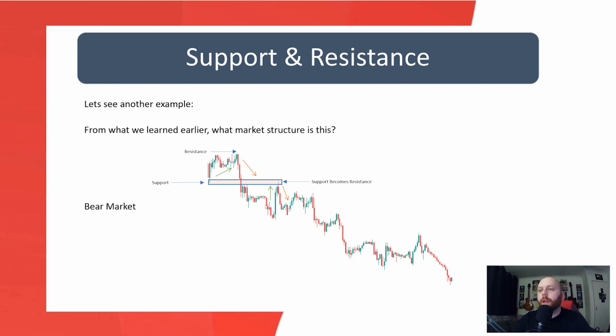You can see it's broken down and it's coming back up, but as soon as it gets to this old support, it now forms a new resistance and price moves downwards. Again, you can see how easy just knowing this could make it to enter trades in the market. So you're going to be looking for sells. Again, as we move down the market, this old support, as it makes its way through, now becomes new resistance.